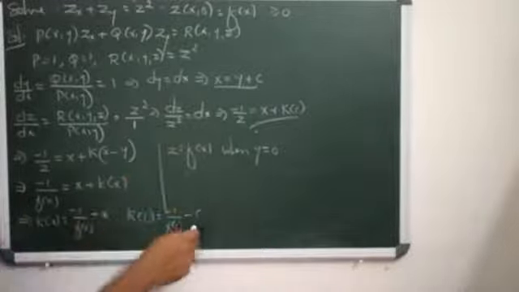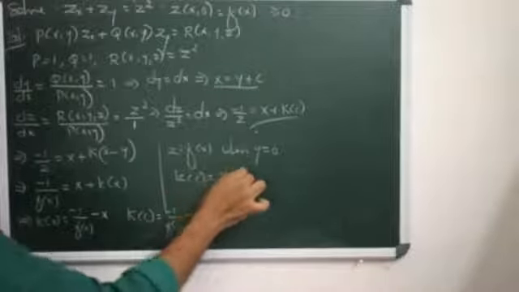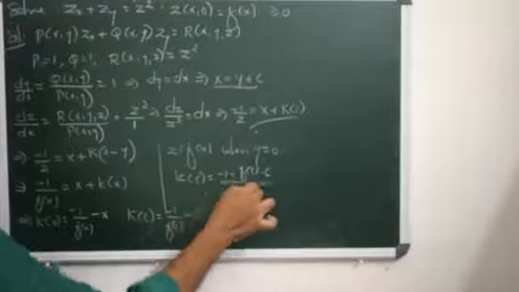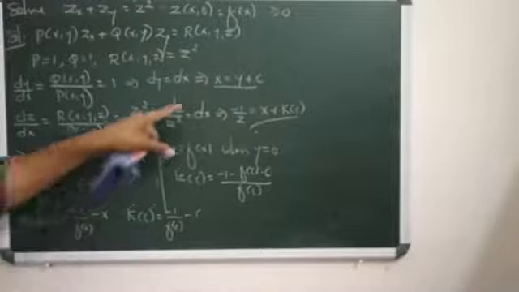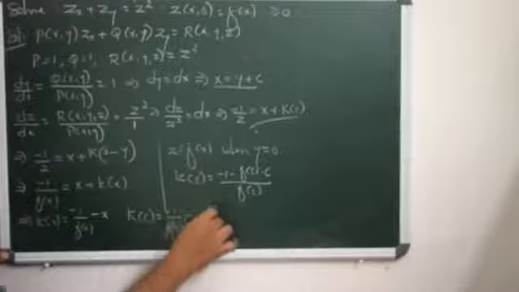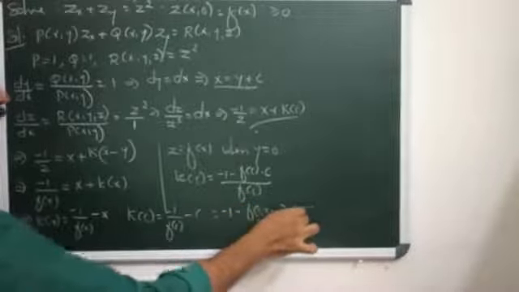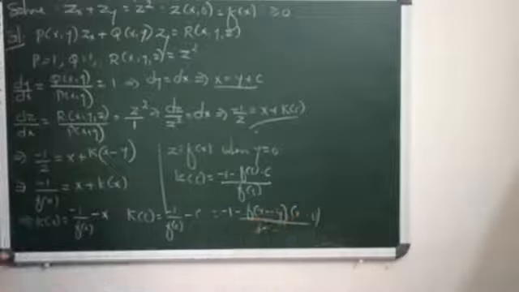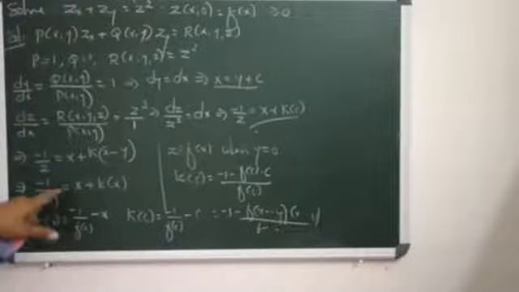Then on solving, k(c) = -(1 + f(c)·c)/f(c). What is c? c = x - y. So that is -(1 + f(x - y)(x - y))/f(x - y). Then you can substitute all of these values in here.